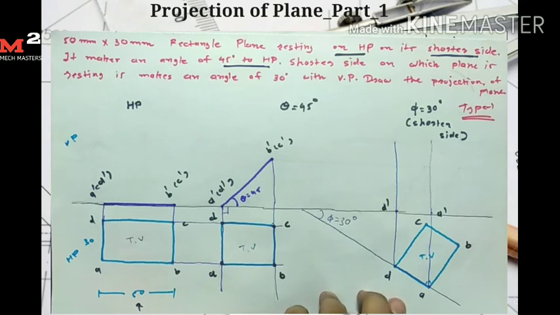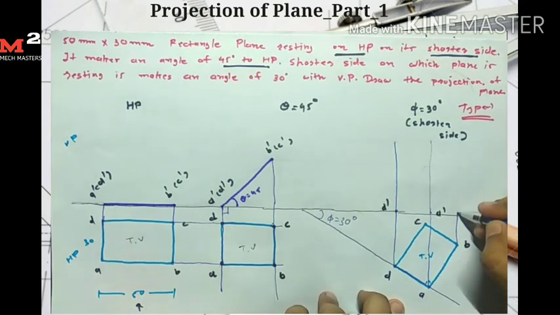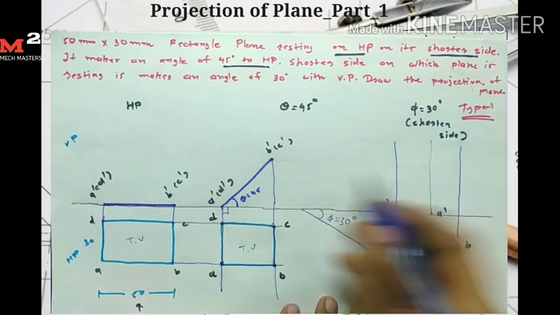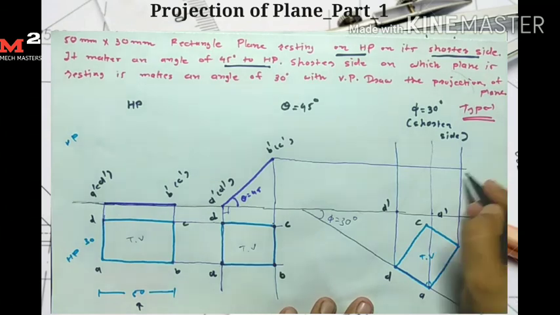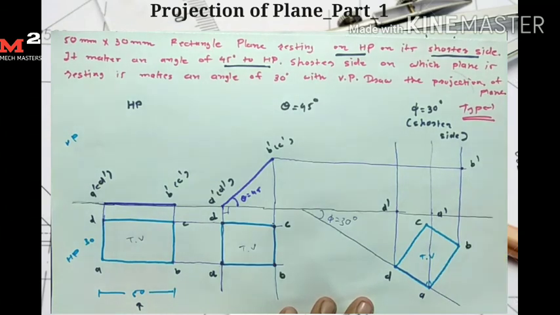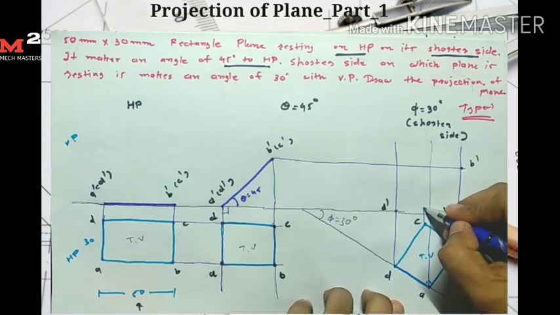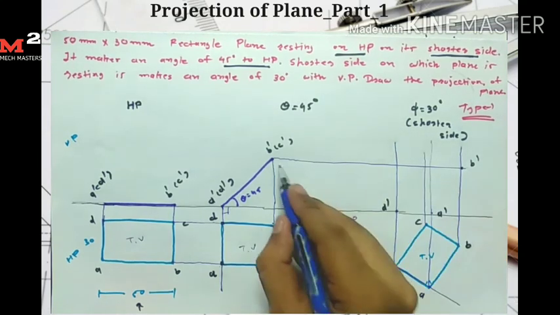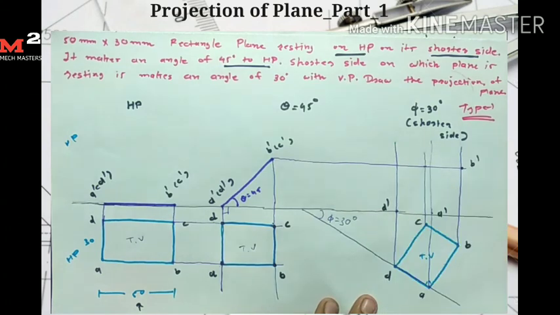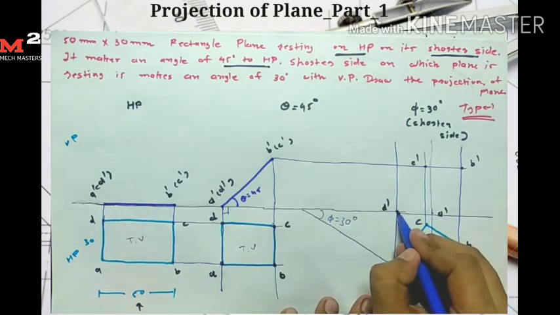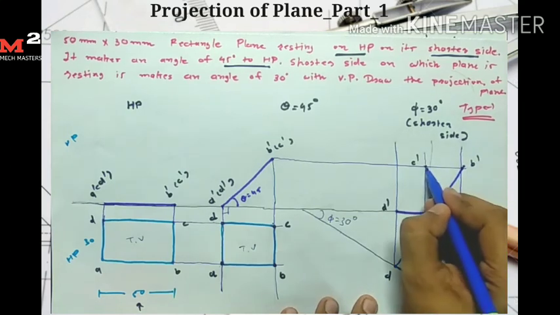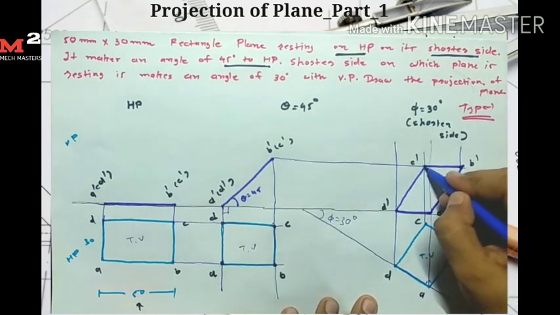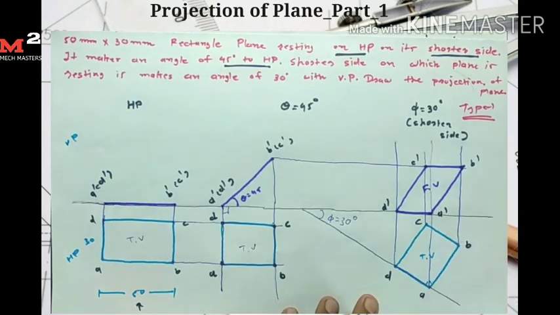For B point I take the projection from here and projection from here, so here I get my B dash point. Same for C point, I take the projection here and for C point projection here, so the intersection of these two gives me the C dash point. After joining A dash D dash, A dash B dash, B dash C dash and C dash D dash, I get my front view.